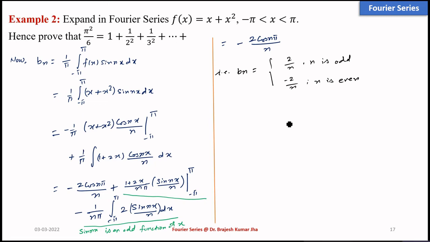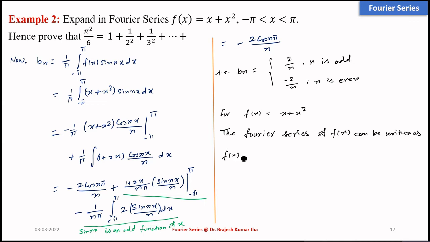So we have calculated all the values. So for f(x) equals x plus x square, the Fourier series of f(x) can be written as f(x) equals a0 by 2 plus summation of an cos nx plus bn sin nx, for n equals 1 to infinity.